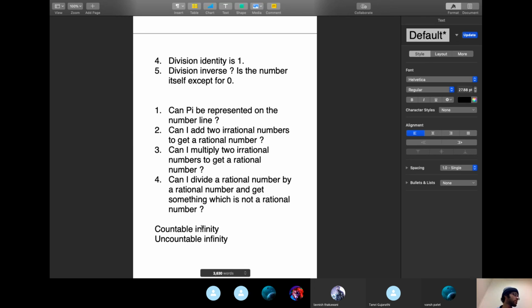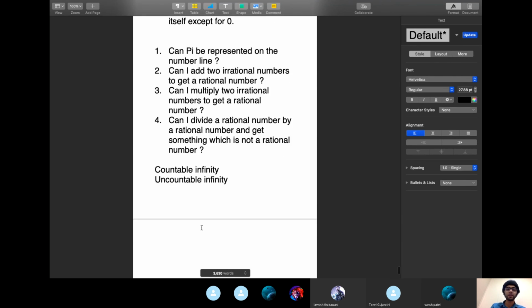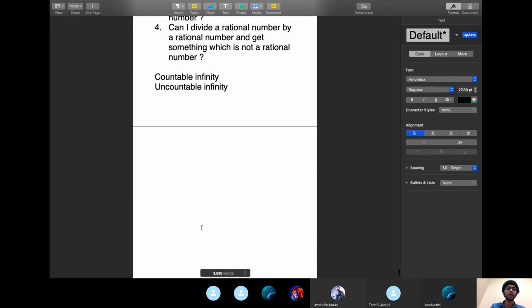So why it is not defined is because, see here, let's say that something divided by 0 should give us some answer, then that means that 0 multiplied by that answer should be that number, right? So let's say we want to know 5 divided by 0. If 5 divided by 0 is x, then x multiplied by 0 should be 5.